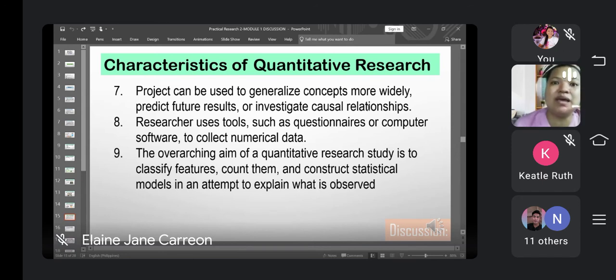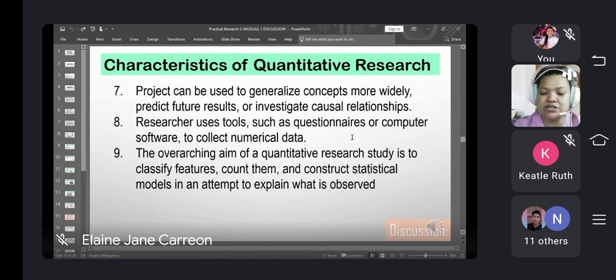So ibig sabihin, you can find the cause and effect. Yung mga naunang nangyari, yung mga naunang ano ba ang dahilan kung bakit nangyari itong phenomena na to at ano ba yung mga naging epekto kung bakit nangyari itong phenomena to.